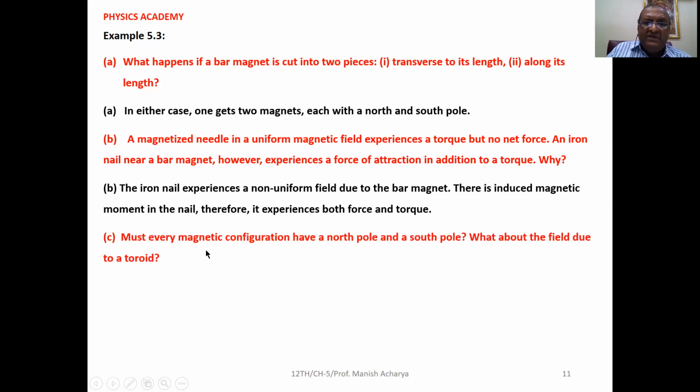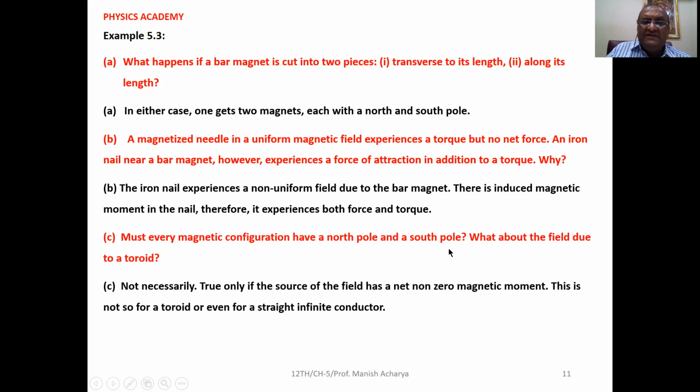C. Must every magnetic configuration have a north pole and a south pole? What about the field due to a toroid? It is not necessary. Each magnetic configuration need not have north-south poles. For a toroid, it is endless, so we can consider it as an infinite one.